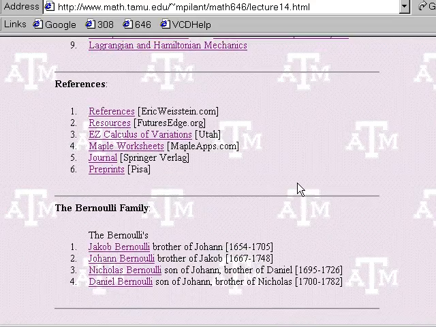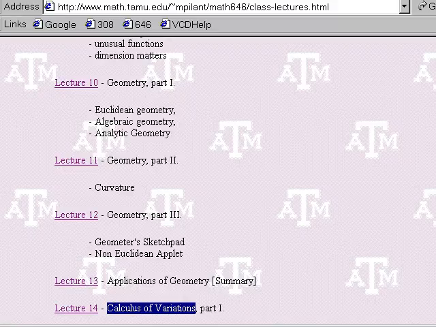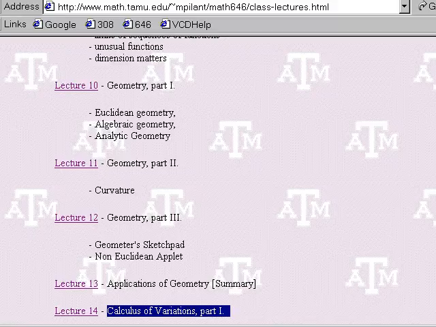Okay, so this ends today's talk on the calculus of variations and introduction. On the next lecture on Thursday before spring break, there won't be any lectures the week after spring break for the distance students.